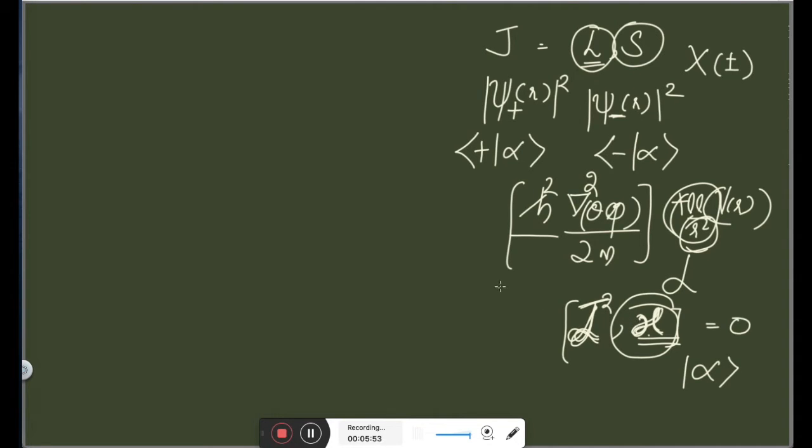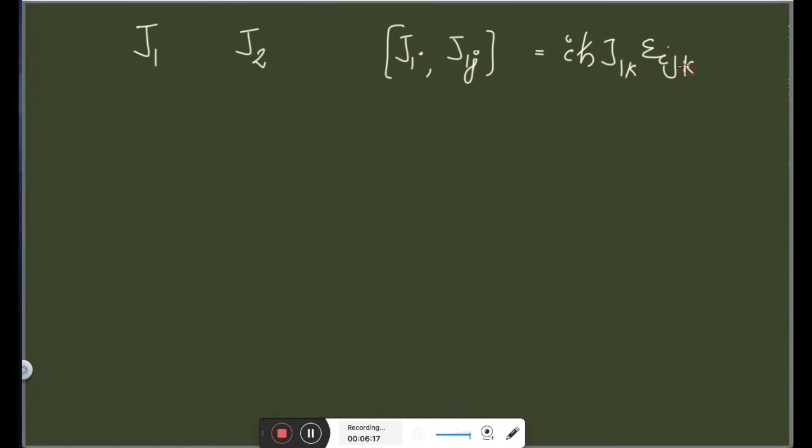ഇതാണ് നമ്മളിവിടെ നോക്കുന്നത്. And generally you start with two such systems, two such angular momenta, say one with J1 and another with J2, and you can see that for any given state, J1i and J1j, this is the actual commutation relation you get: iħ J1k epsilon ijk, this is known to us, and J2i with J1j is always 0.